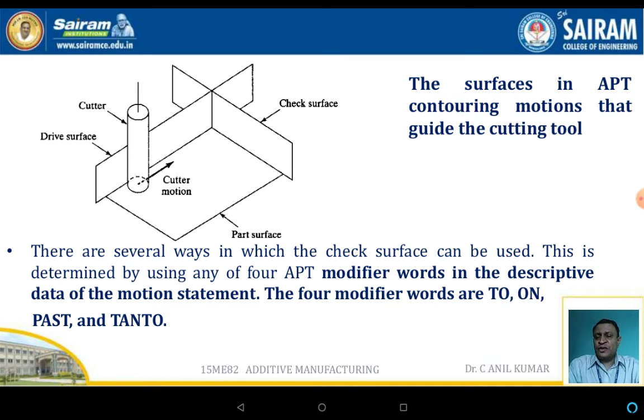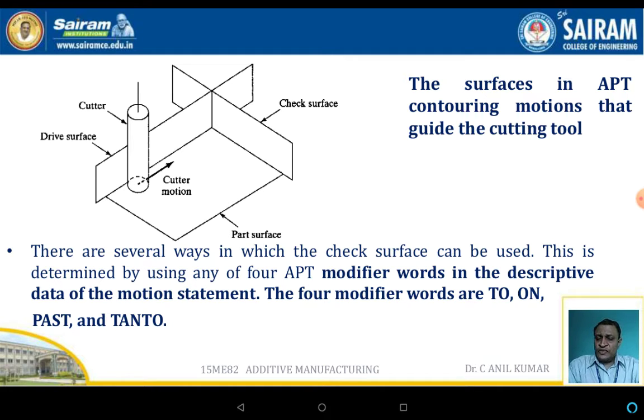Even the check surface depends upon three types. Either it has to touch the check surface, or the center point should coincide with the check surface, or it should move away from the check surface. These things we will discuss in the further slides.